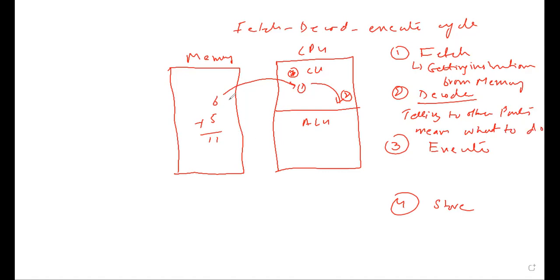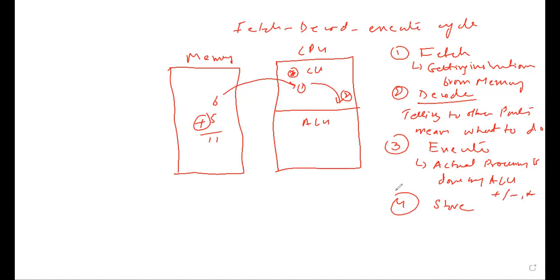Like, decode means CU will tell ALU to add the two numbers. And the actual processing of addition is done by ALU, like addition, subtraction, multiplication, and division.